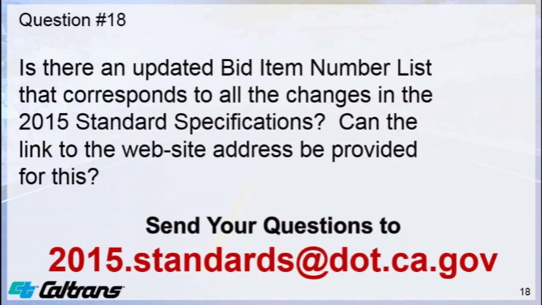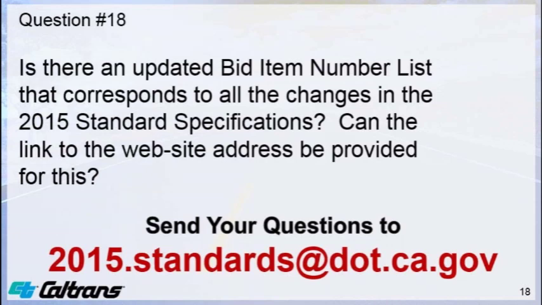Question number 18. Is there an updated bid item list that corresponds to all the changes in the 2015 standard specifications? Can the link to the web address be provided for this? On the Office Engineer website, there is a 2010 and 2015 bid item list.